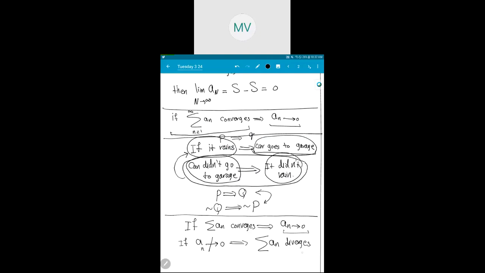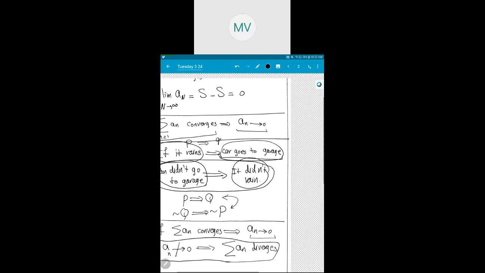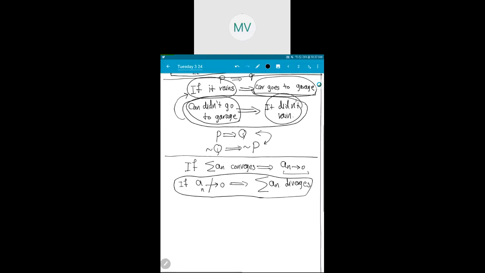So this is the first important conclusion, or corollary, that we wanted to make. In fact, this right here is called the nth term test, and it's a very powerful test.